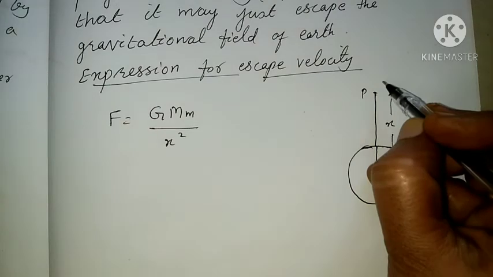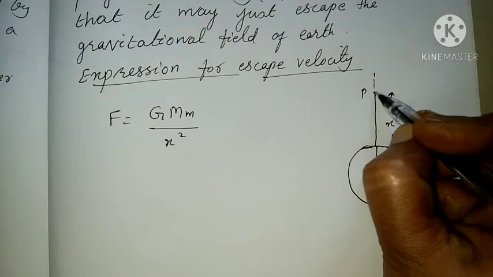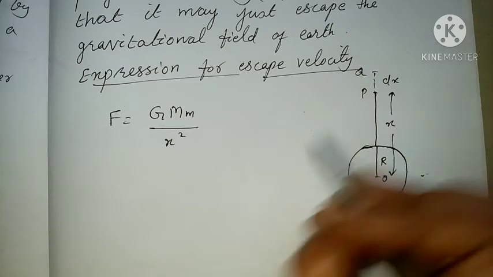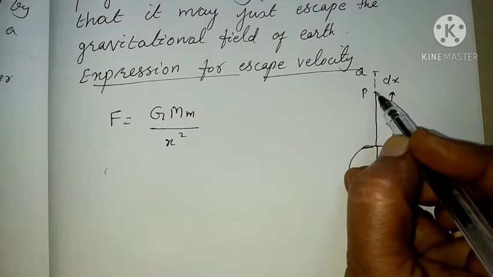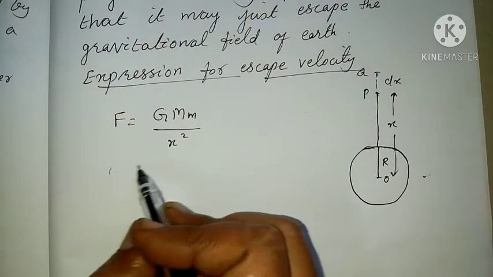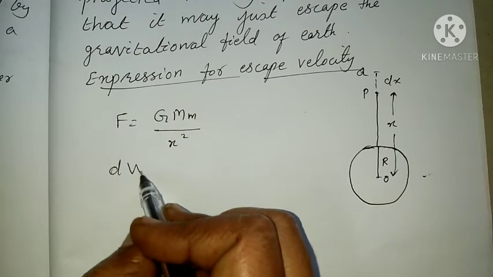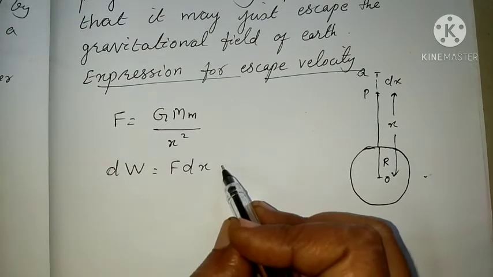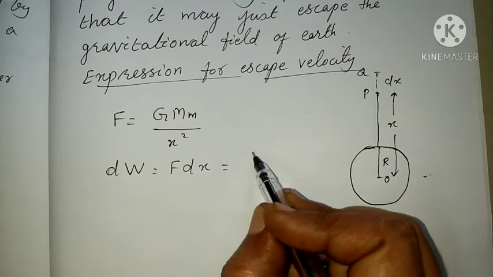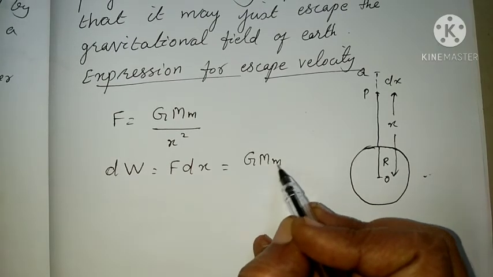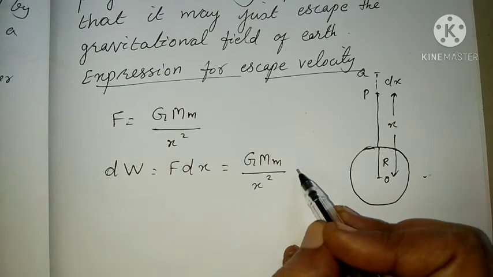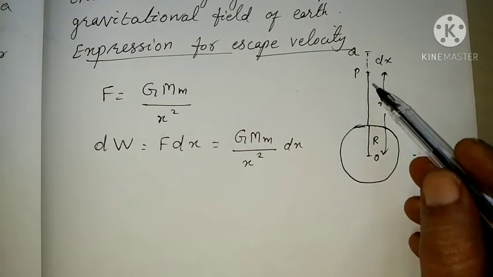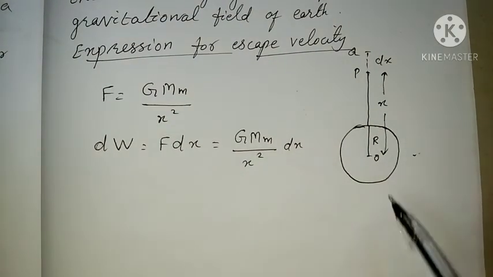Suppose the body moves through a distance dx and reaches the point Q. Then the work done to move the body from P to Q through a distance dx is dW equal to F into dx, that is G capital M small m divided by x square into dx. This work done is against the gravitational force of attraction.